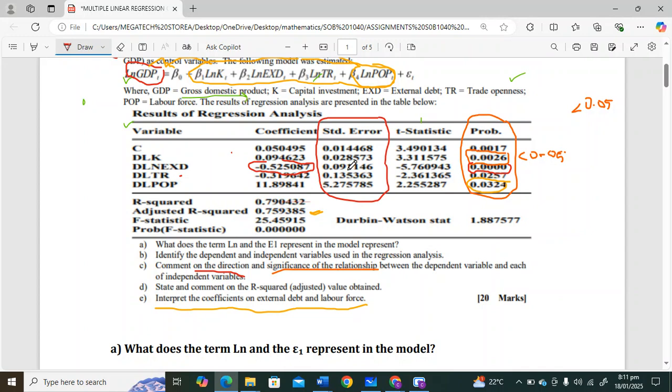Meaning, if you run this test again, you might get a value close to 0.525, because we've got a small standard error here. So if you run the test again and again, your values for the coefficient for external debt are not going to deviate far from 0.525, because it's got a small standard error.